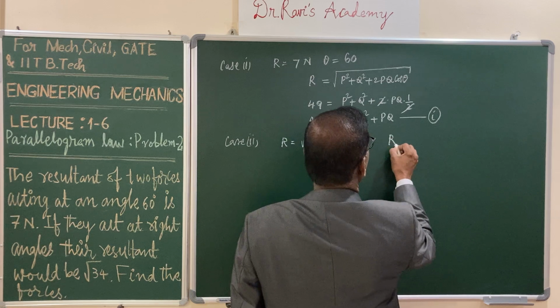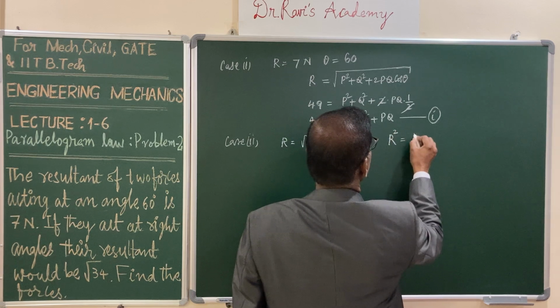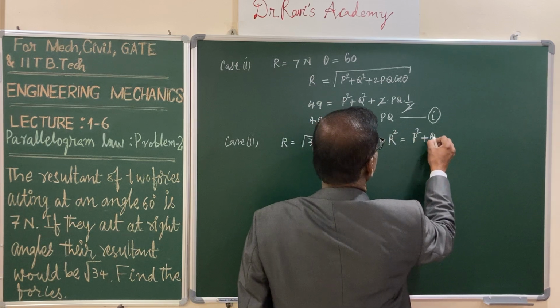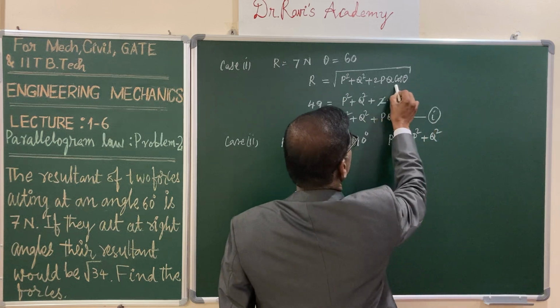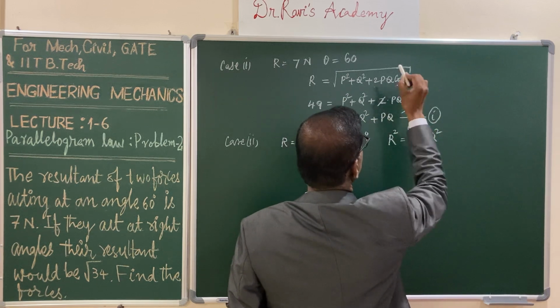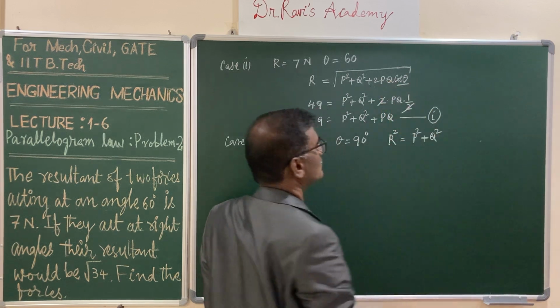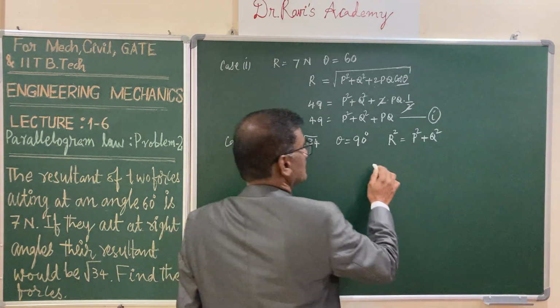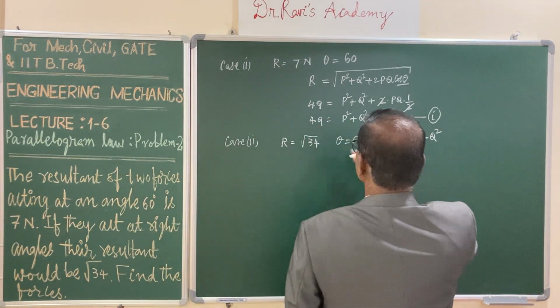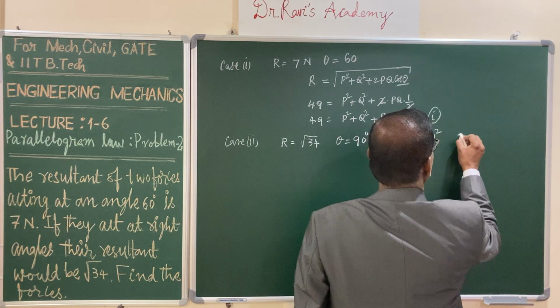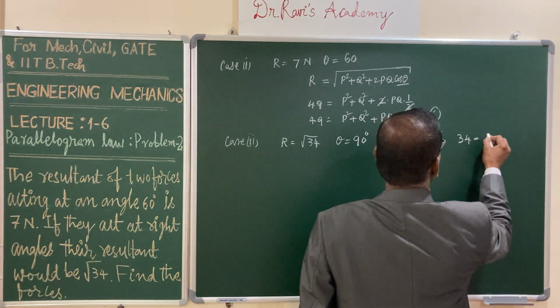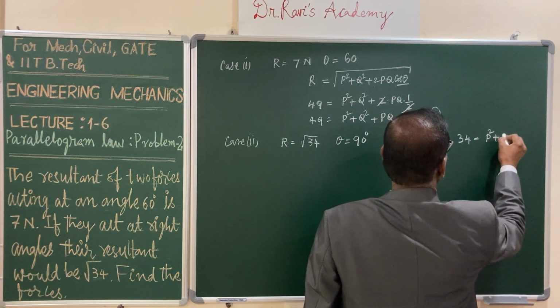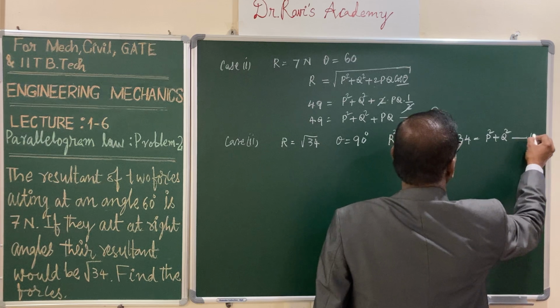You can write R square is equal to P square plus Q square, as 2PQ cos theta with theta 90 degrees becomes 0. Substituting R square, that is 34, is equal to P square plus Q square. This is your equation 2.